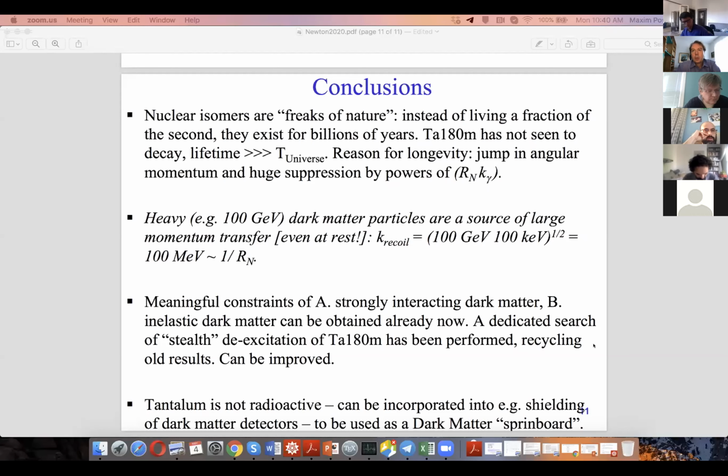So when you give us these bounds and you convert to cross section, is there an uncertainty there? I just wonder if maybe it's a stupid question. Probably not. Well, go ahead. So that cross section is the cross section for scattering on this whole tantalum 180m?